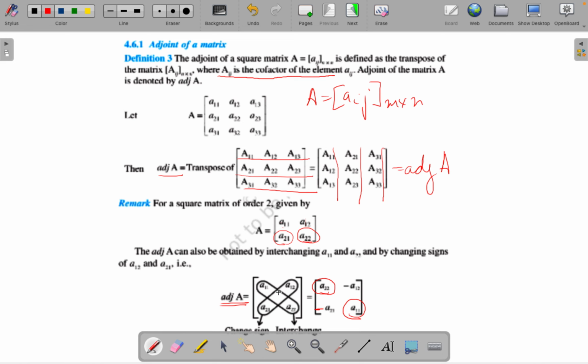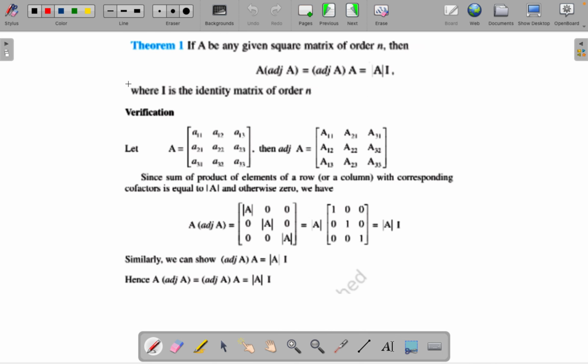That is the shortcut for the adjoint of A. But I'm sorry to say there is no shortcut for a 3 by 3 determinant. So you have to find the adjoint of a 3 by 3 matrix using your normal method. That is, you have to find all the 9 cofactors and transpose the cofactors. Okay, children? Let's move ahead.